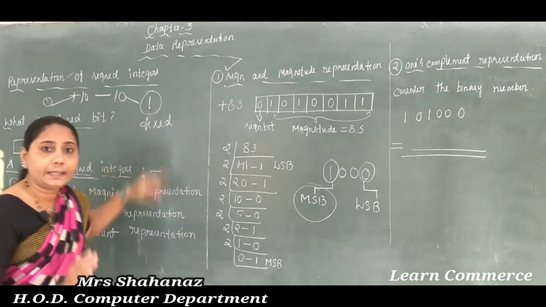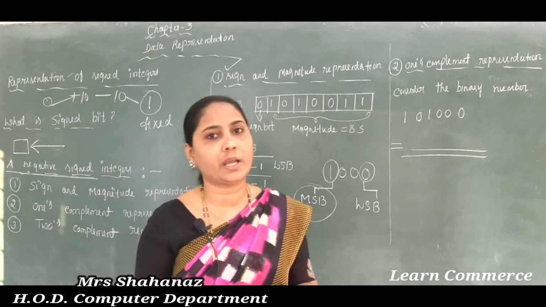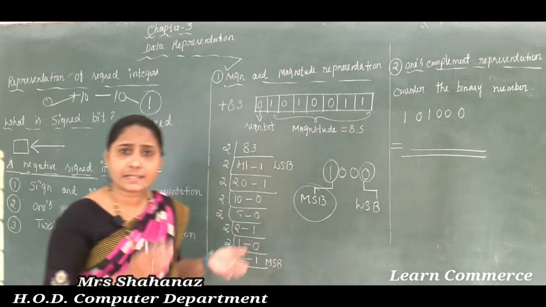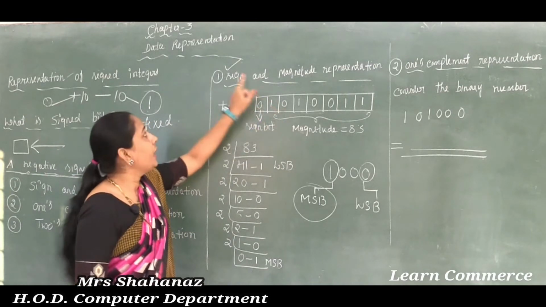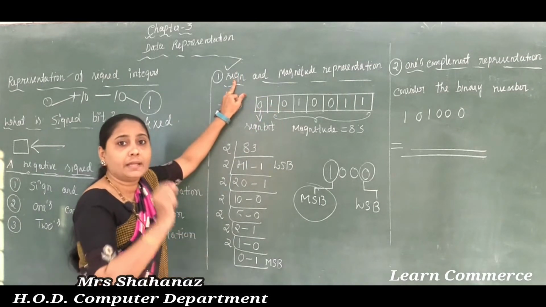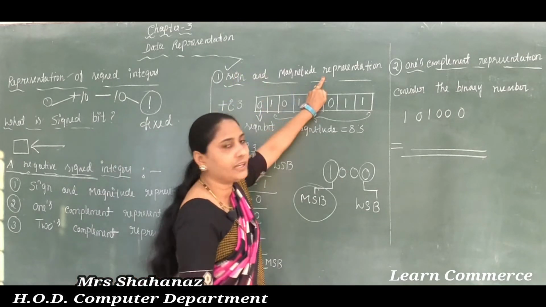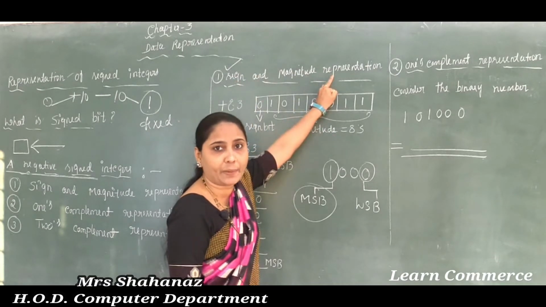So an integer contains a sign bit, always followed by the magnitude bits. A number that includes the sign bit as well as the magnitude bits is called the sign and magnitude representation.